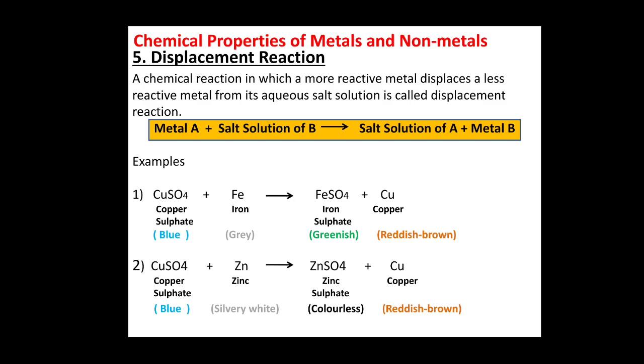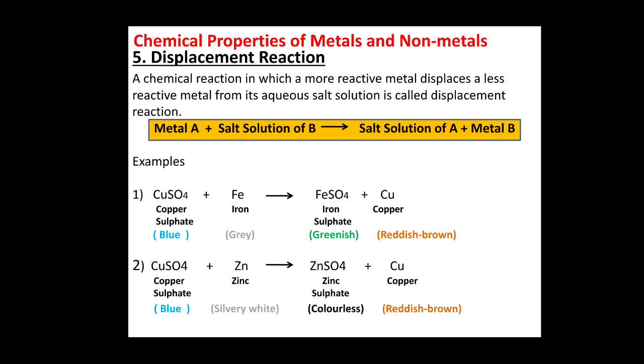After the reaction is performed, you will see that the solution becomes greenish in color. That means you will come to know that copper is already displaced from its solution and iron has taken copper's place. So that color becomes greenish, and the copper that is left on one side is reddish brown in color.